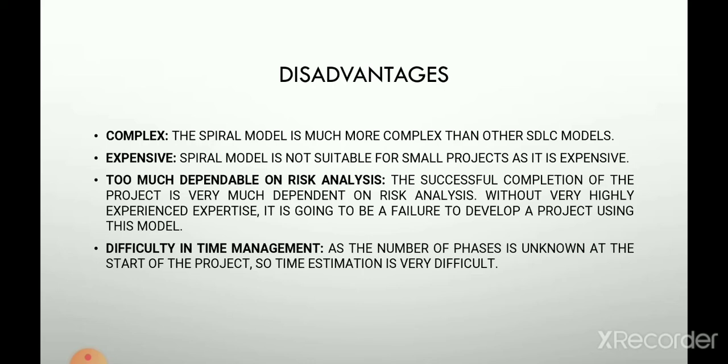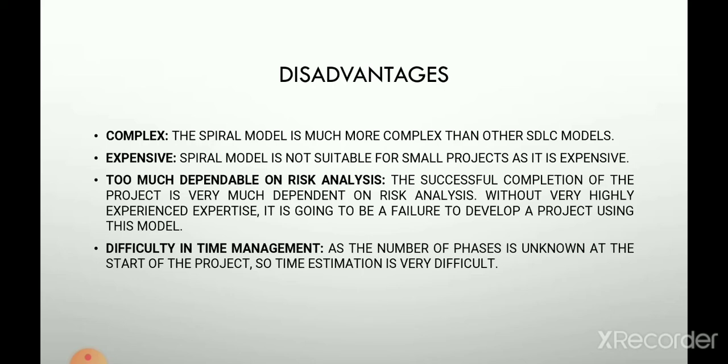So the disadvantages are, first of all, it is complex and expensive, and the spiral model depends too much on risk analysis. So we need an experienced and expert analyst to analyze the risk, and time management is also difficult.